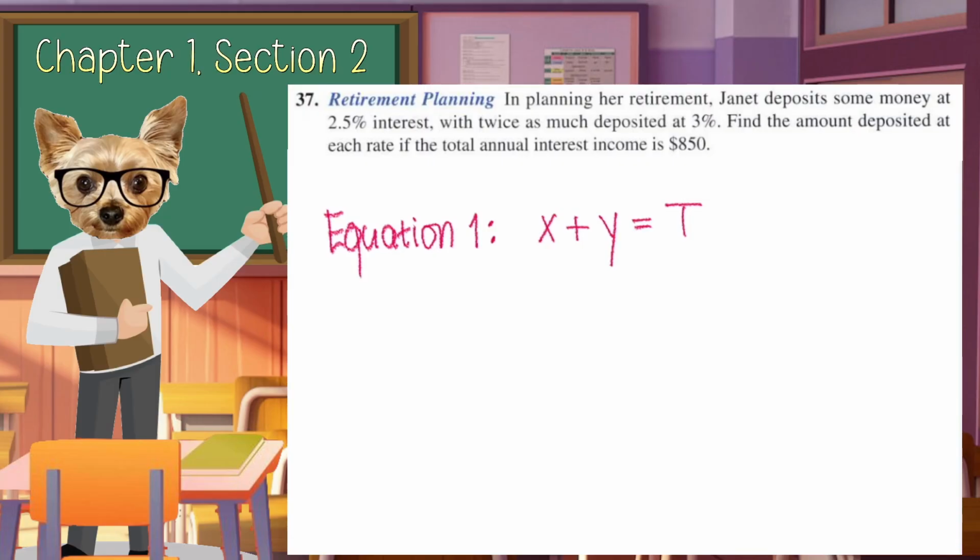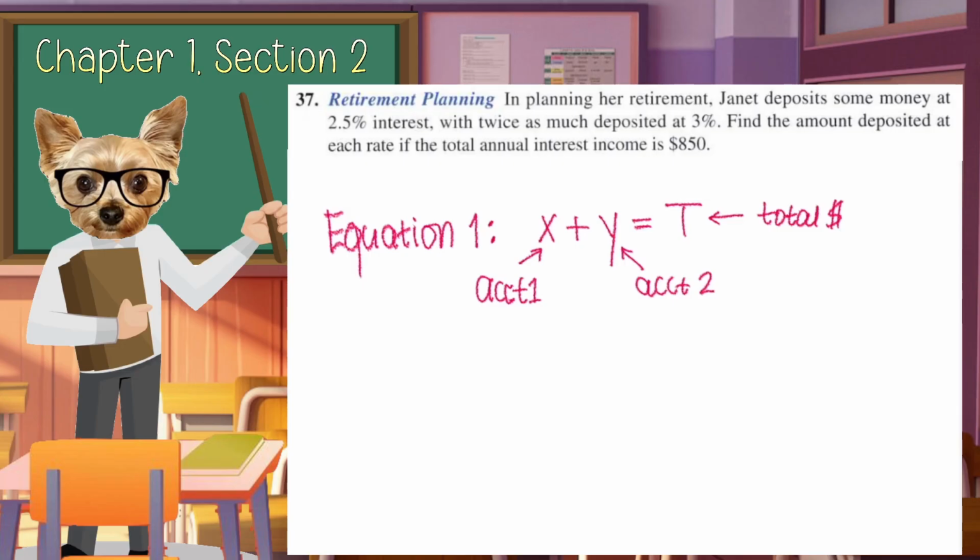So x will be in account 1, y is in account 2, and t is the total money.